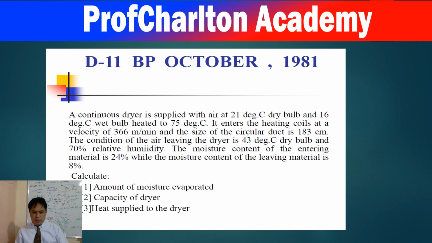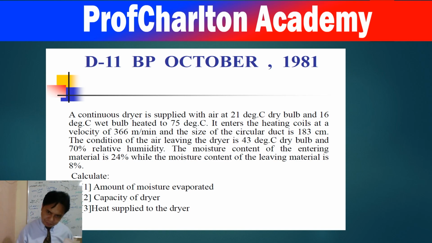The condition of air leaving the dryer is 43 degrees centigrade dry bulb and 70% relative humidity. The moisture content of the entering material is 24 percent, while the moisture content of the leaving material is 8%.